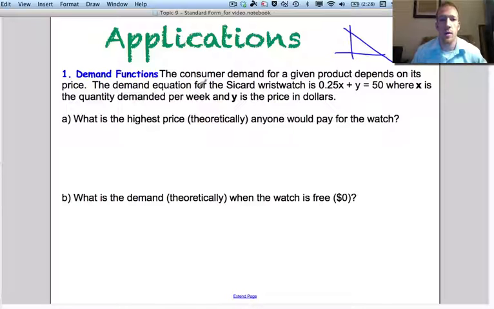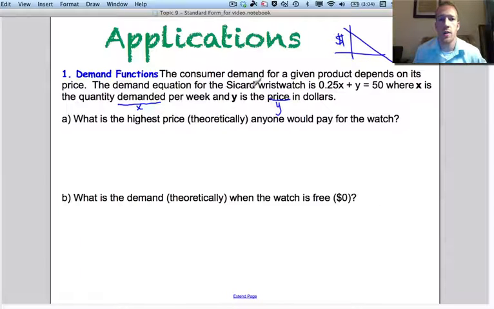The demand equation for a Sicard wristwatch is 0.25x plus y equals 50. That just relates supply and demand, where x is the quantity demanded, so x is demand per week, and y is the price in dollars. So essentially we have a picture that looks like this.